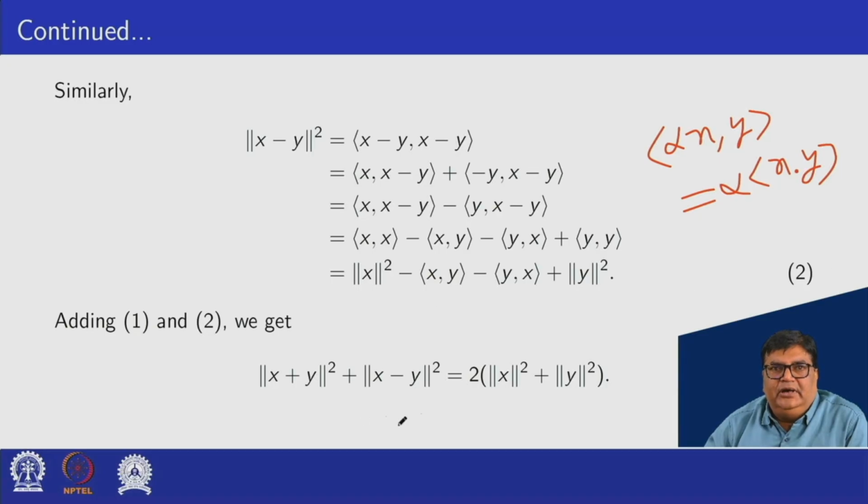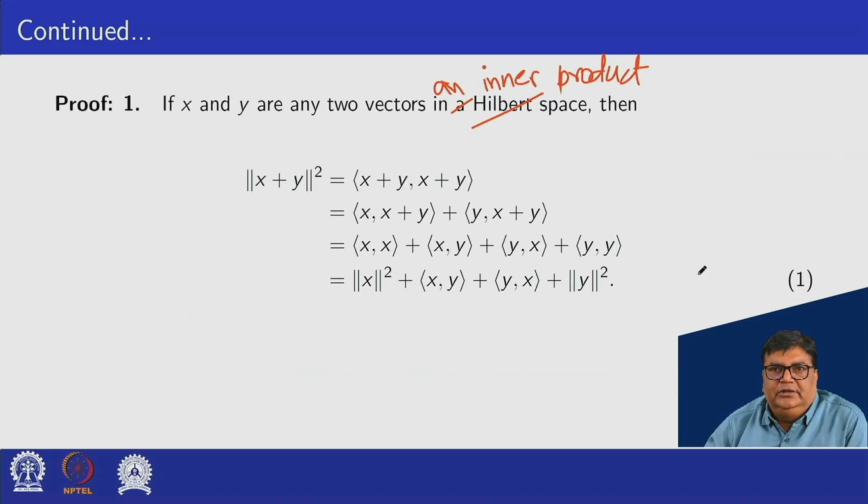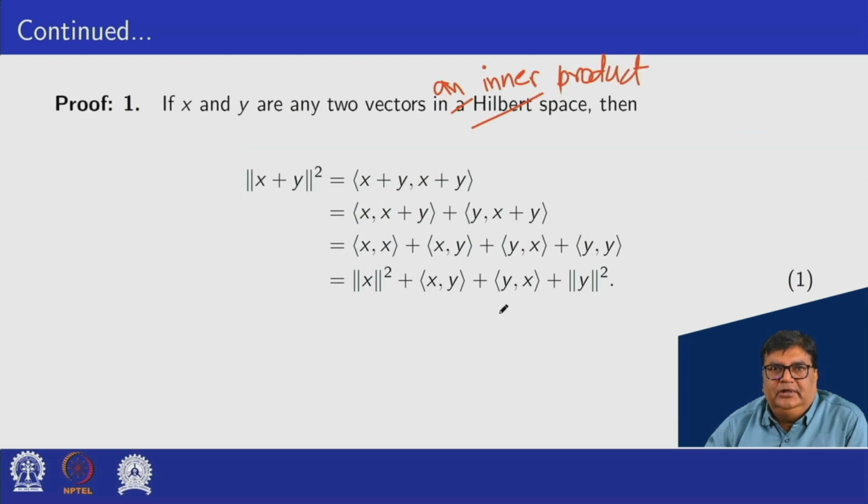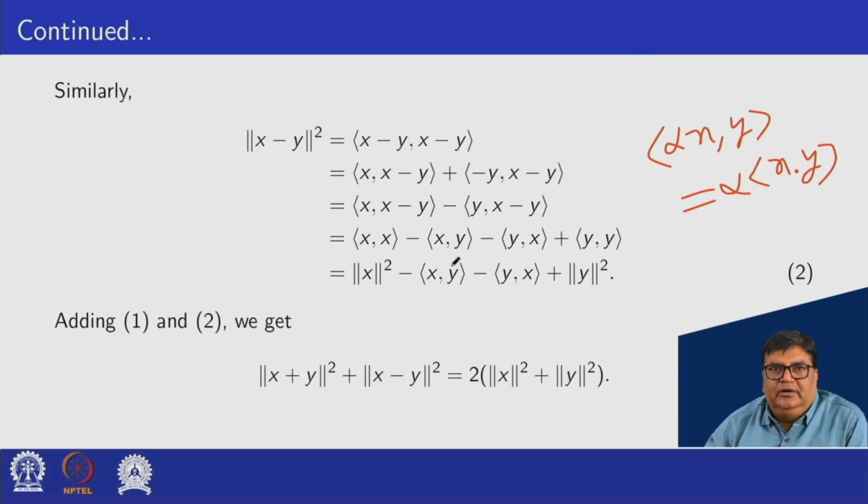Adding equations 1 and 2, we have norm(x + y)^2 plus norm(x − y)^2 equal to 2 into (norm x^2 + norm y^2). Okay. So this is equation 1, adding 1 and 2, this cancelled out by this. So we have this one. First proved.